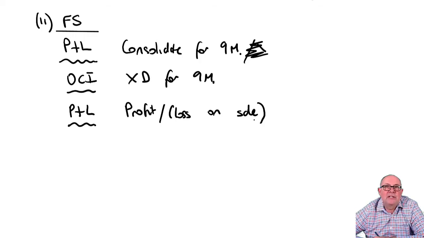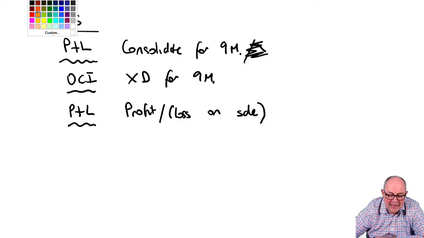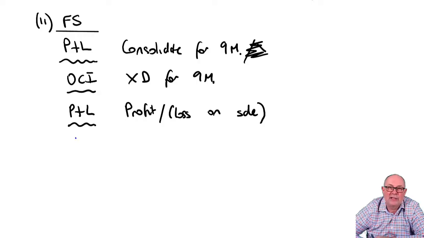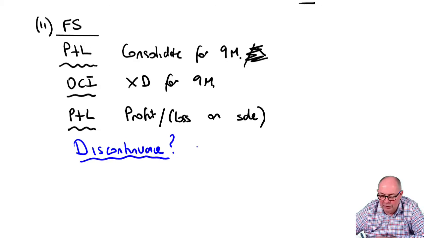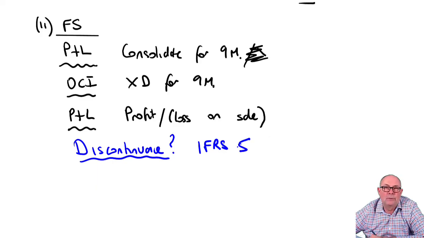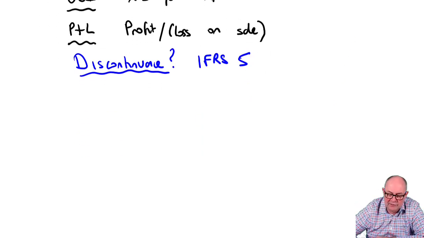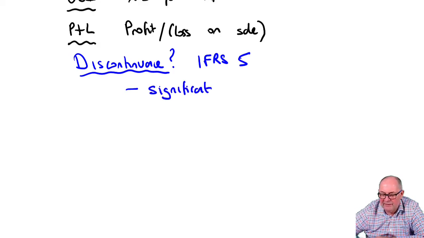But something that I would expect you to discuss is, remember that if you sell a subsidiary, you then have to think about whether that constitutes a discontinuance. It's very important you look back in your notes and your lectures at IFRS 5, discontinued operations and assets held for sale. And it would be a discontinuance, of course, if it's a significant part of the business.